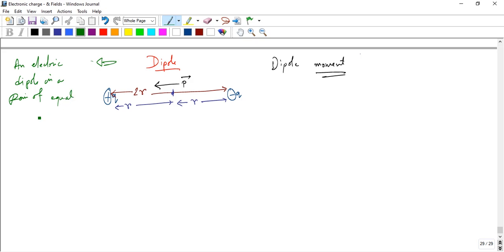Equal means equal magnitude, and opposite means opposite polarity. If one is plus q, the other is minus q, separated by some distance.